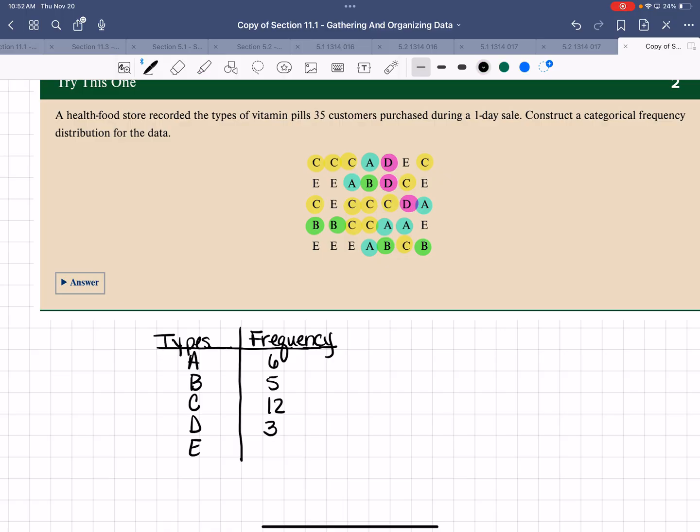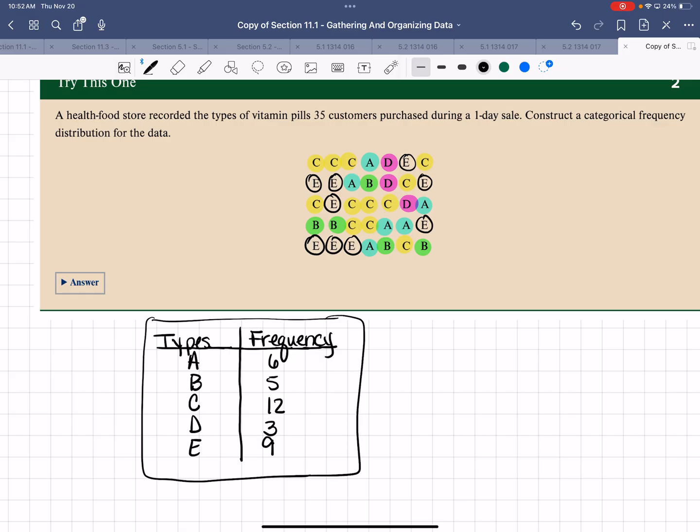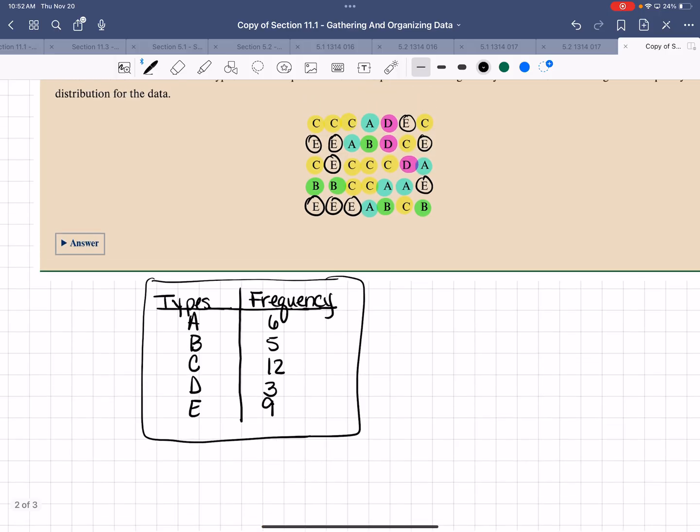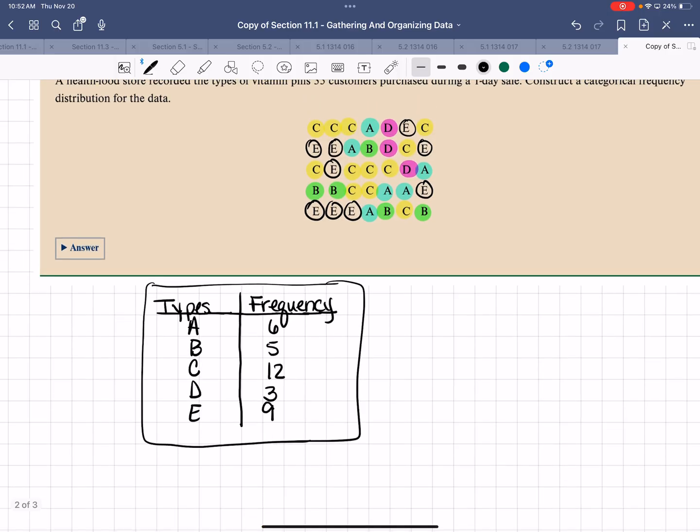And then E. I'm just going to circle those. 1, 2, 3, 4, 5, 6, 7, 8, 9. 9 E's. And you have built your frequency chart, your categorical frequency chart. Okay? And you'll notice in your little cluster of data up there that you don't have anybody that's not highlighted or circled. So you got everybody. You didn't miss anybody.